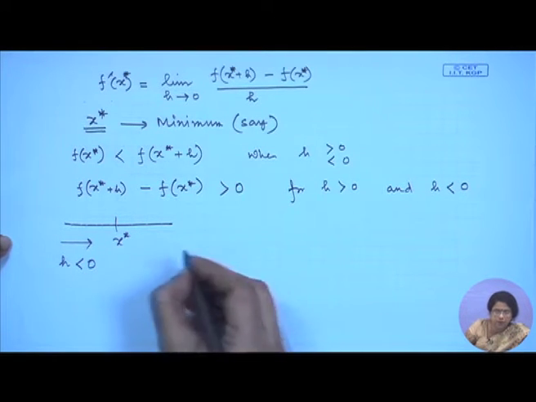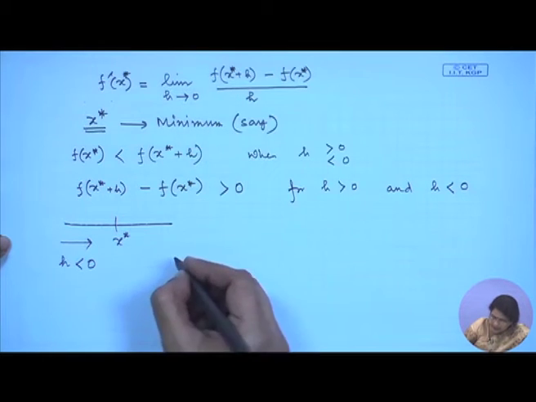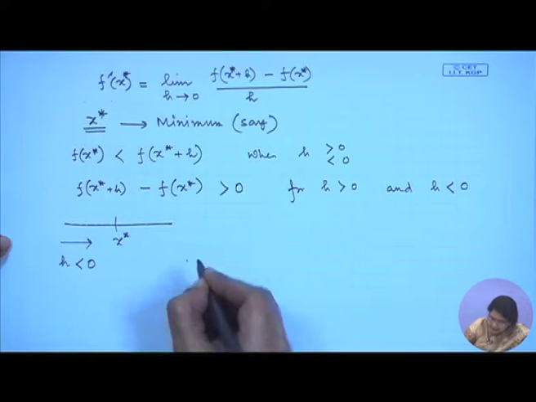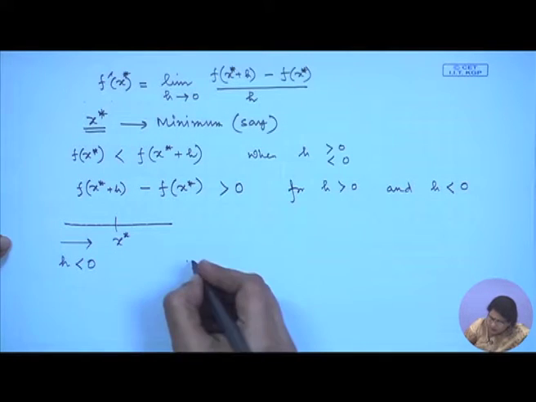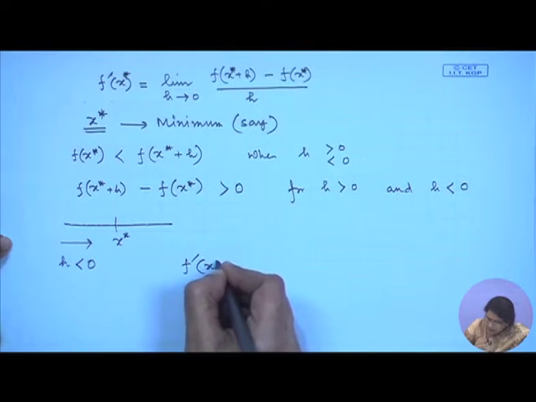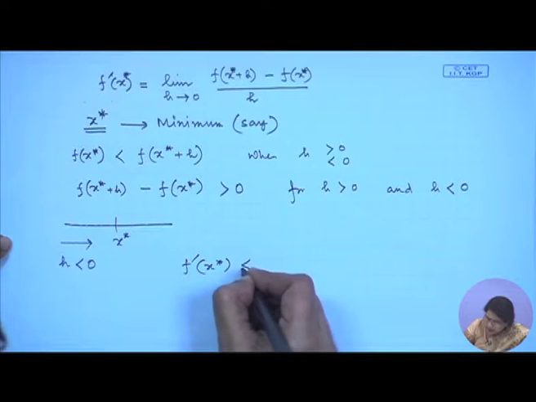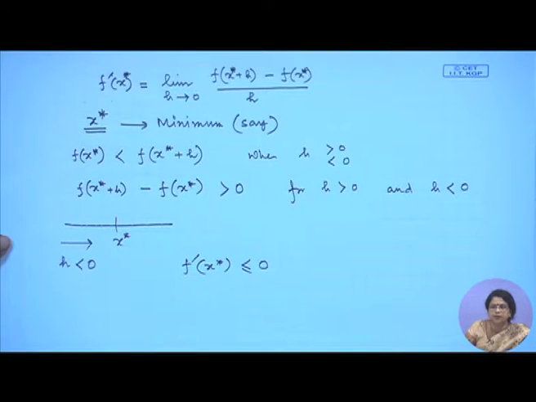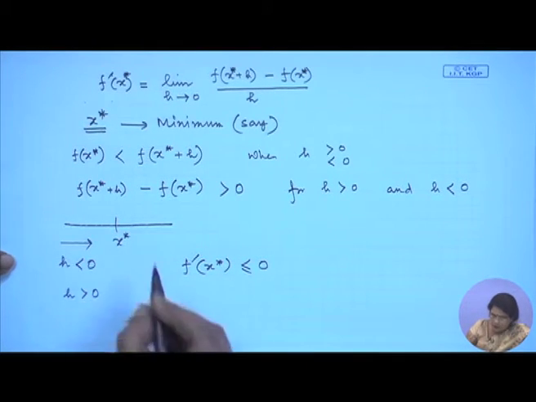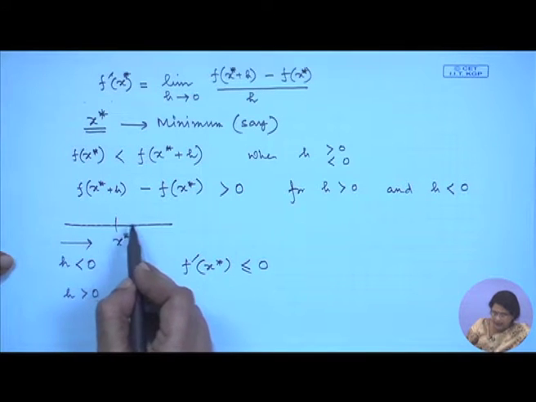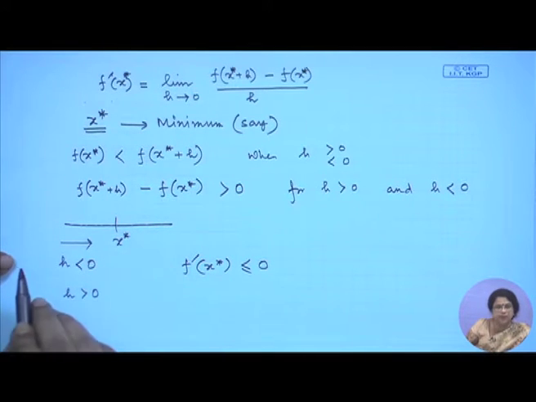If this is so, then if h is negative, the numerator is positive and the denominator is negative, what we are concluding? f prime of x star must be less than or equal to 0 because the quotient is coming negative, okay. Now, if we consider h greater than 0, that means we are approaching x star through the right hand side of that.